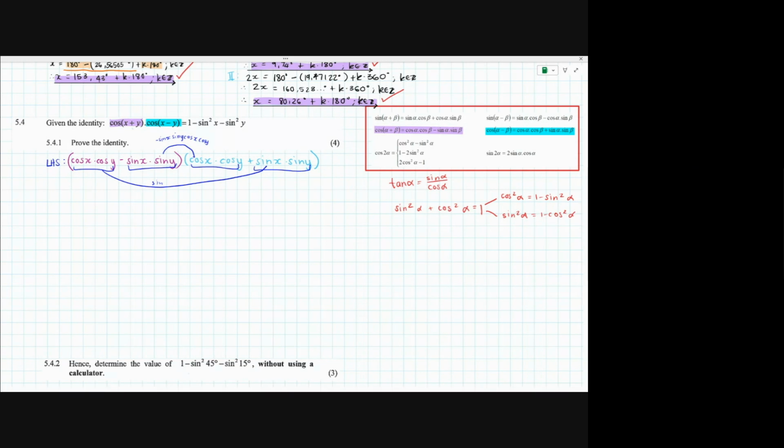They cancel out. So we don't have to go and try and do anything super fancy. We quite literally take the first term multiplied by the first term, cos squared x, cos squared y, minus, because it's a difference of squares, multiply the last two terms, sine squared x times sine squared y. That is it.